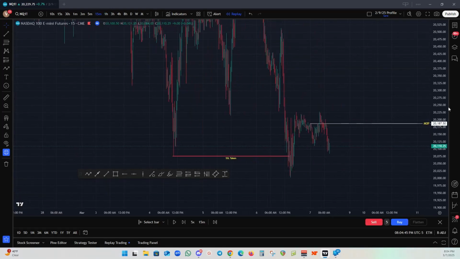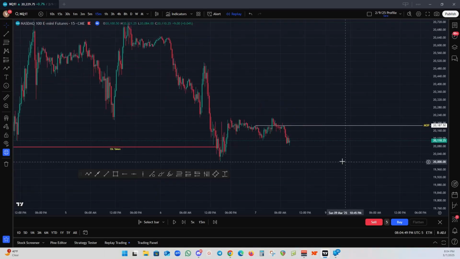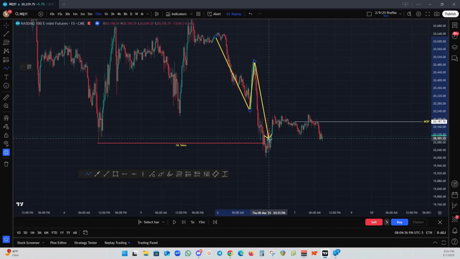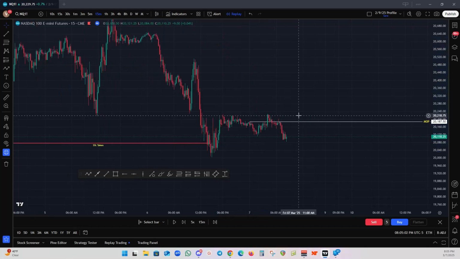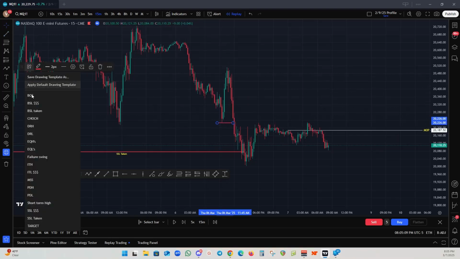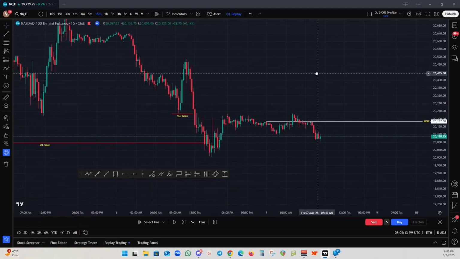On the 15-minute, I see that the last time price did a move like this, meaning it formed a swing high and took out a low, was here. So that low was taken here. And price did this.